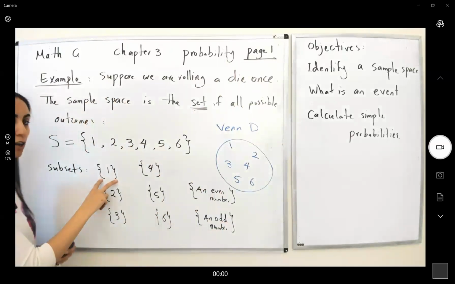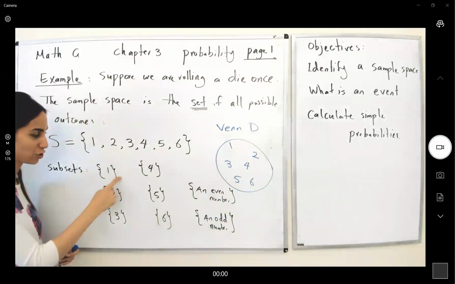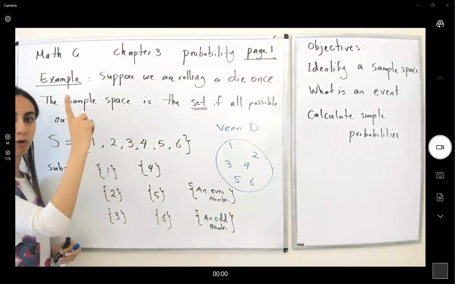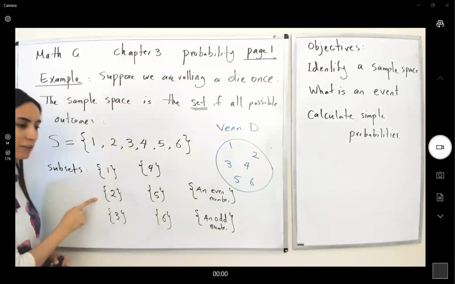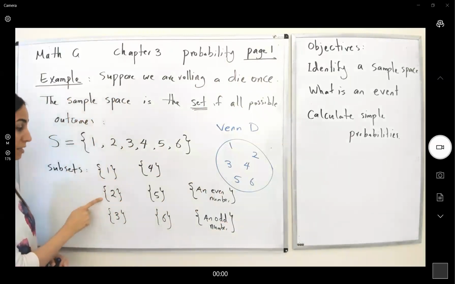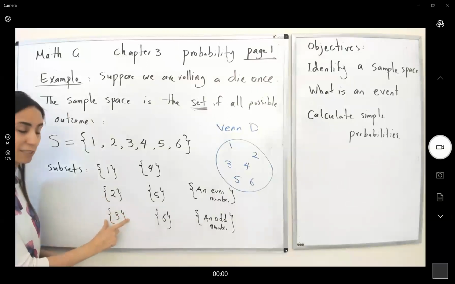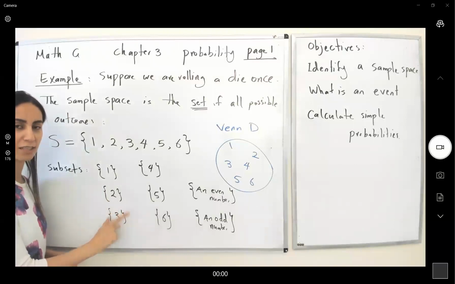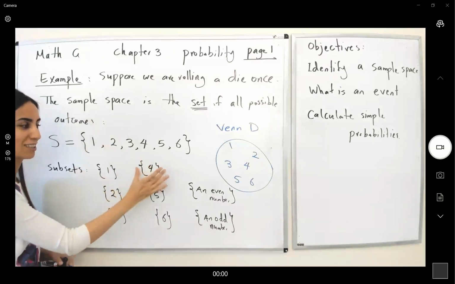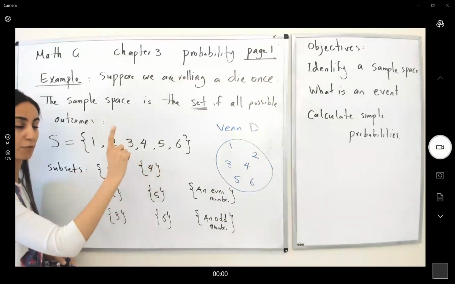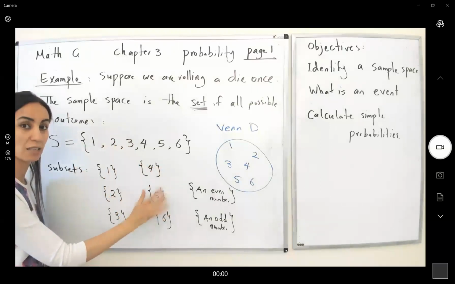The cardinality of the first subset of this set is 1. The cardinality of the second set is actually 1. You only see one member. The cardinality or size of the third set is also 1. The size of this set is 1. The size of this set is 1.